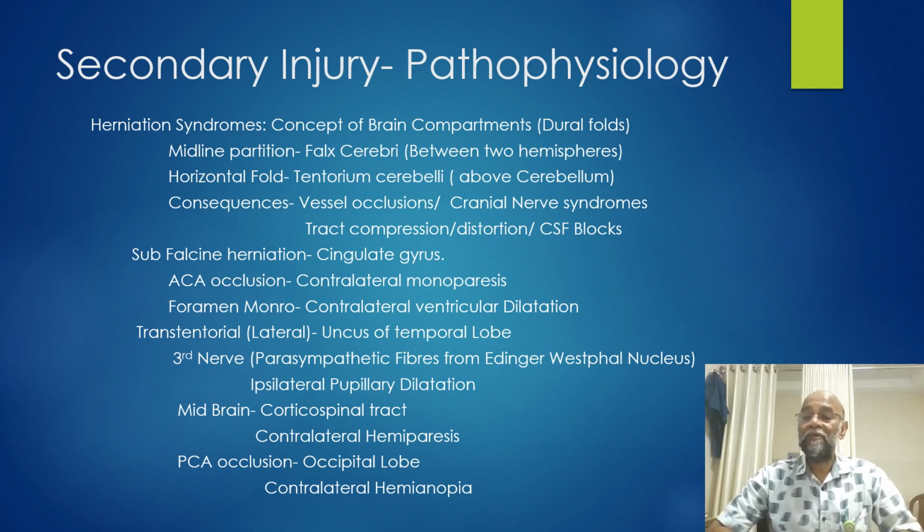Let us start off with subfalcine herniation, commonly underdiagnosed. Whenever you say a patient has a midline shift, actually you can assume that there is a certain degree of subfalcine herniation. The part of the brain that herniates in a subfalcine herniation is the cingulate gyrus. Subfalcine herniations can affect the anterior cerebral artery.